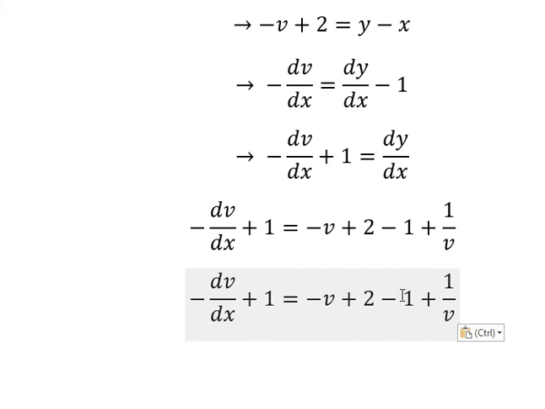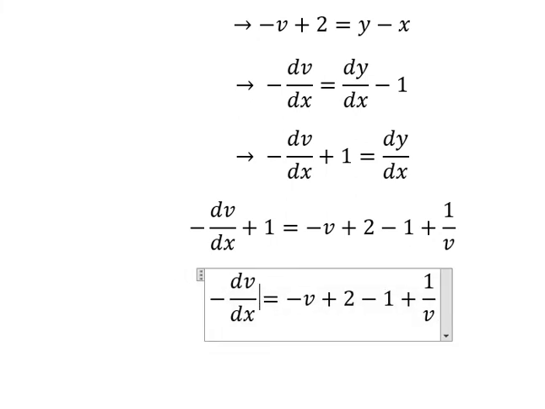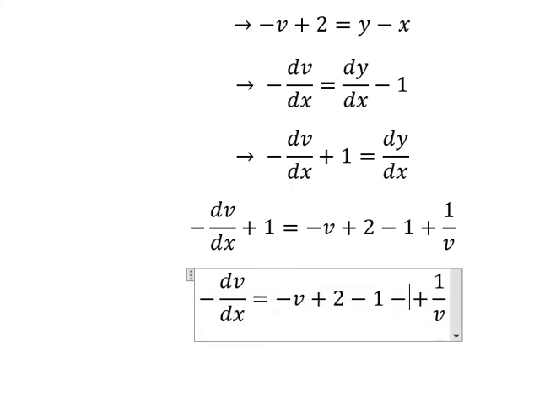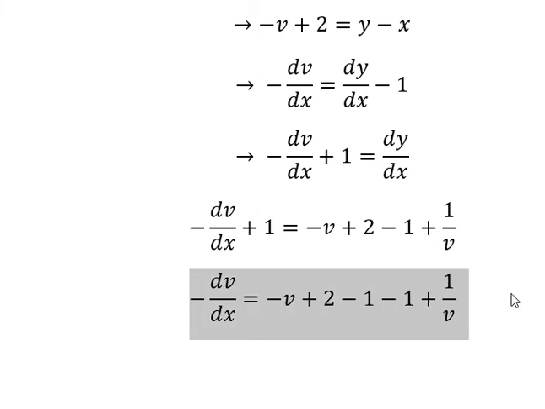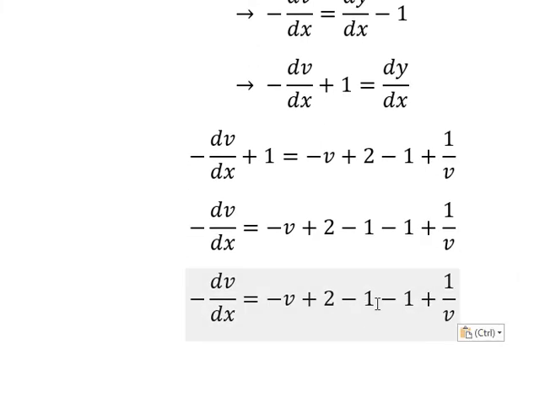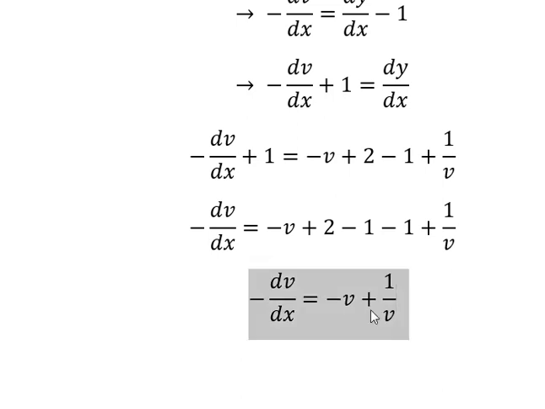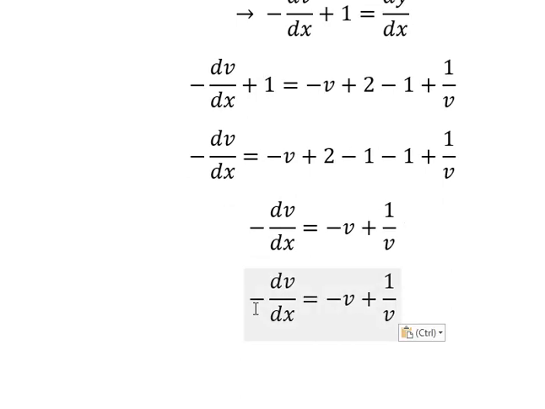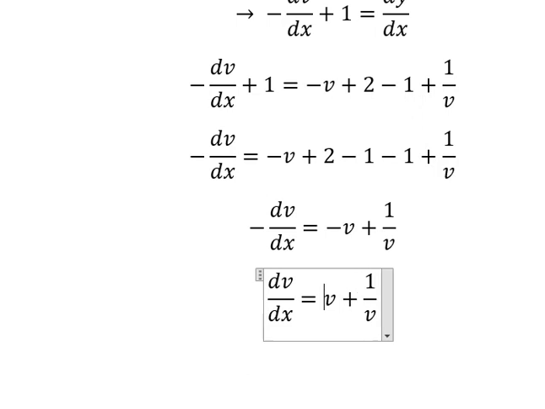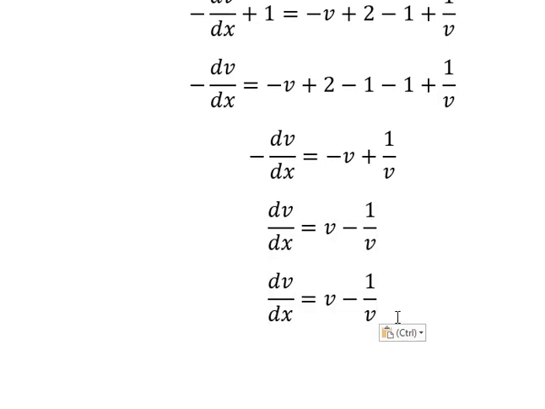So 1 I will put in here. So 2 minus 1 we cancel. Next, the negative side I will put in here. So this one I will put on the left, the s we put on the right.